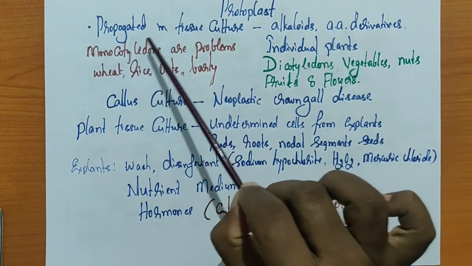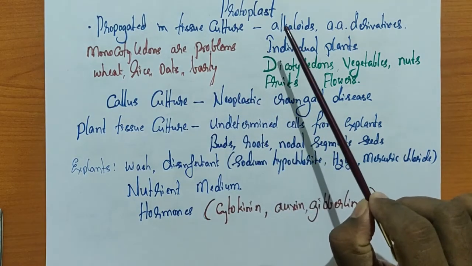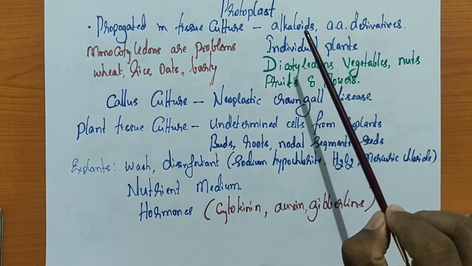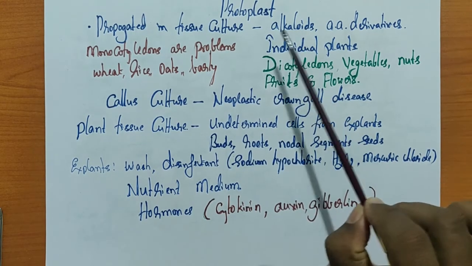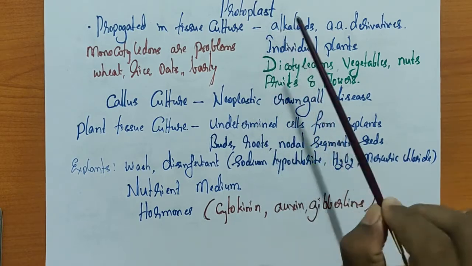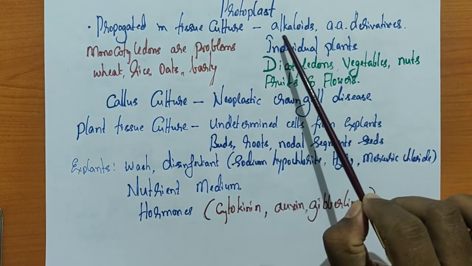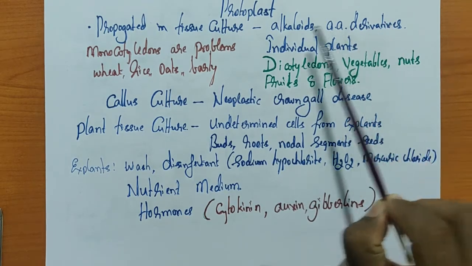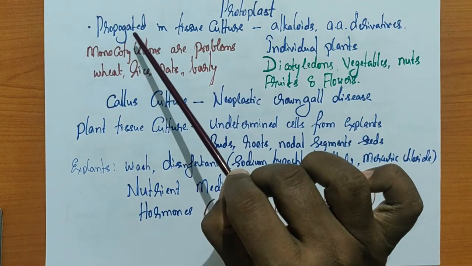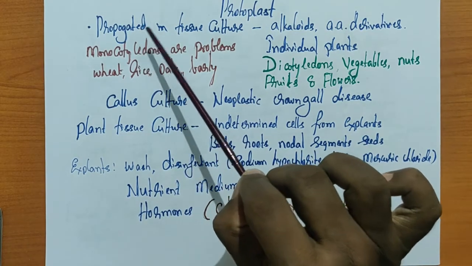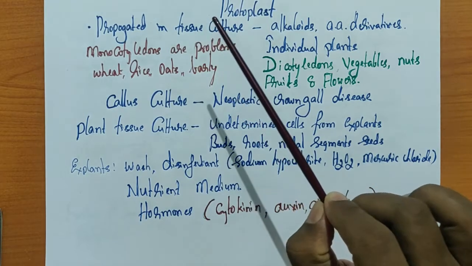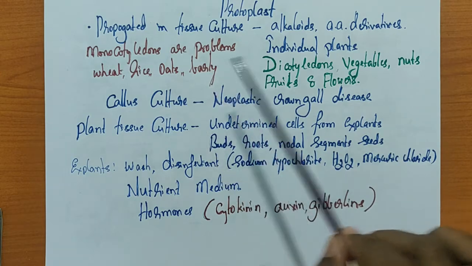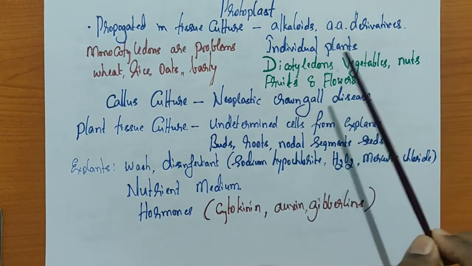With a protoplast, we can also manipulate in such a way that particular alkaloids of therapeutic use can be increased by exposing the protoplast to various agents. So we can increase the production of alkaloids or amino acid derivatives. Many things can be manipulated with the protoplast. Later, the protoplast can be grown in a controlled medium, and we can get individual plants.